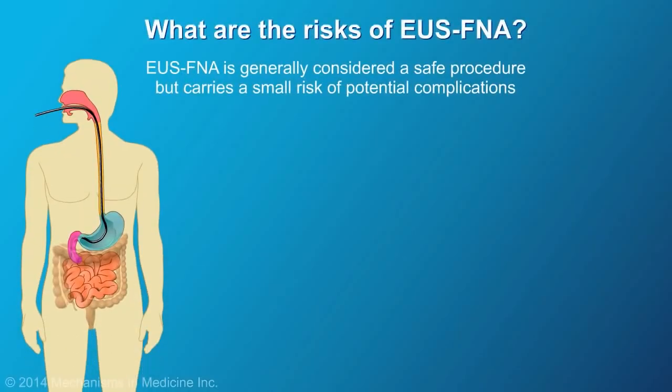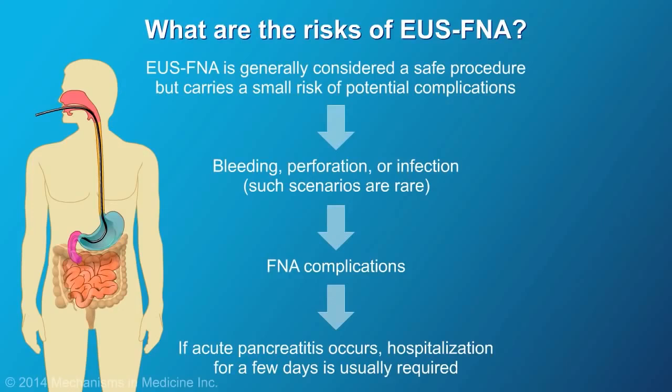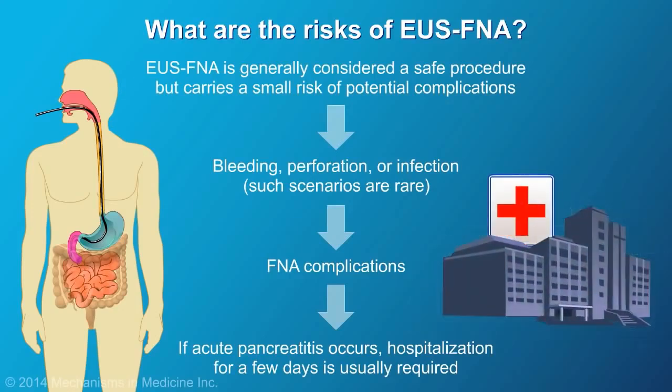While EUS-FNA is generally considered a safe procedure, it does carry a small risk of potential complications, although infrequent, including bleeding, perforation, or infection. More specifically, FNA complications include acute pancreatitis that may result in hospitalization for a few days.